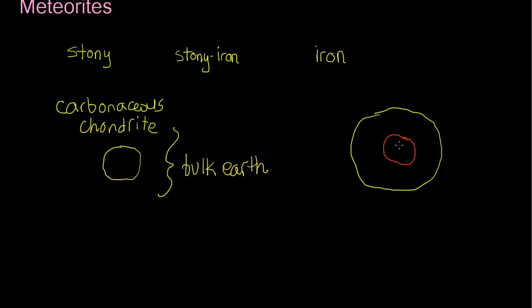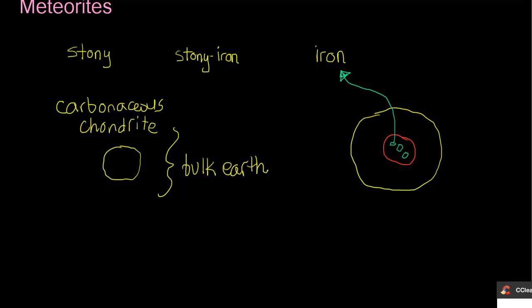We have some pieces which came literally from the core. So we have pieces of the cores of differentiated bodies, and these indeed look like iron. So these are what the iron meteorites are thought to come from. They're thought to come from fragments of the cores of differentiated Earth-like planetesimals that shattered and broke into a million pieces because they collided with something else.